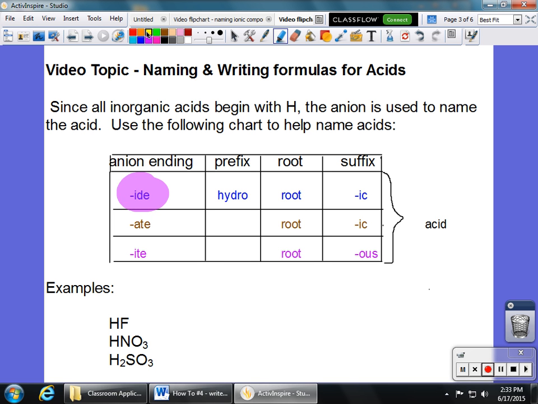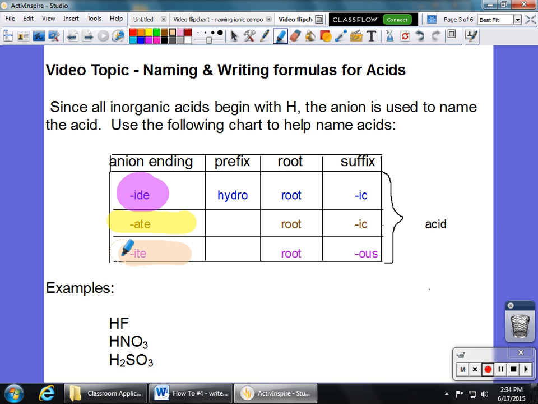If by chance the anion ends in ATE, now you're just going to use the root word of the anion followed by IC to replace it with the word acid.